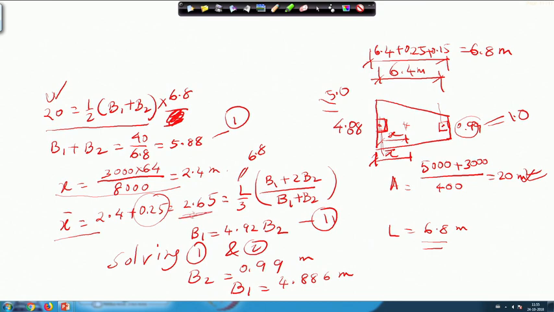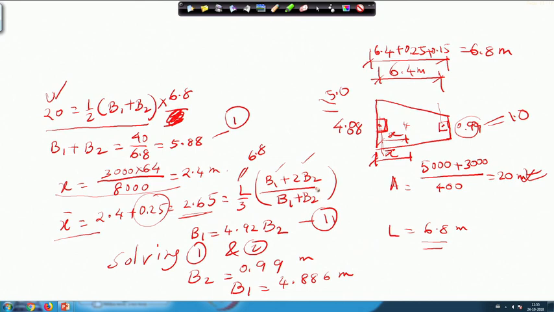So, it becomes 2.65, and for a trapezoidal area, I know the theoretical CG in terms of the length of the parallel sides and the distance between the parallel sides. So, that is L by 3 into (B 1 plus 2 B 2) by (B 1 plus B 2), but if it is from the other side, the equation will change.